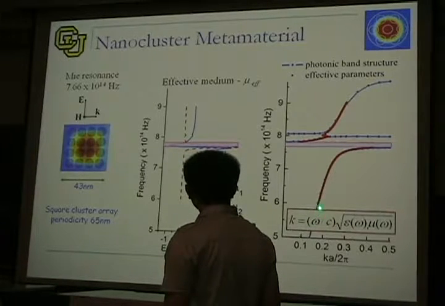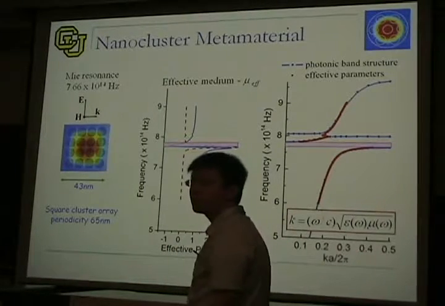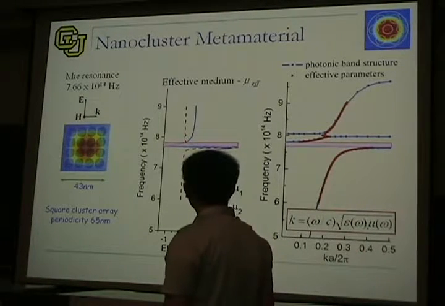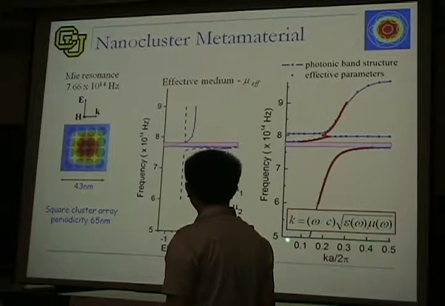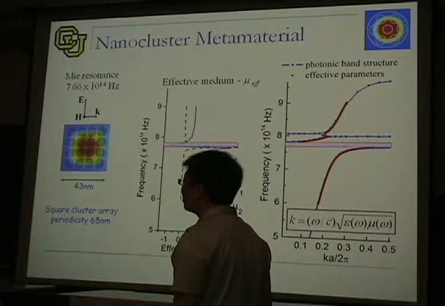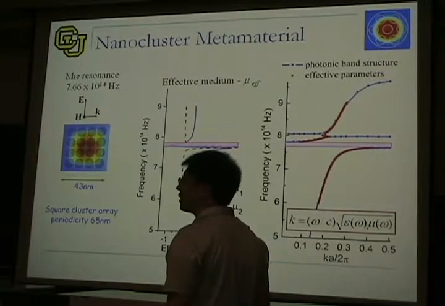Another comparison you can do is calculate the dispersion properties of your material using this formula. Since we already have the effective parameters, the epsilon and the mu of this material, we just plug them in, as shown in the red curve. You can see there is a good agreement between the blue and the red curve.